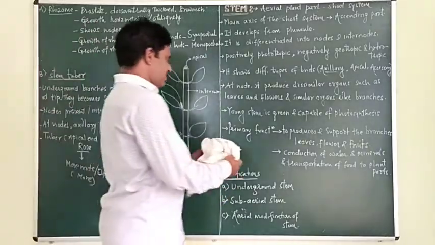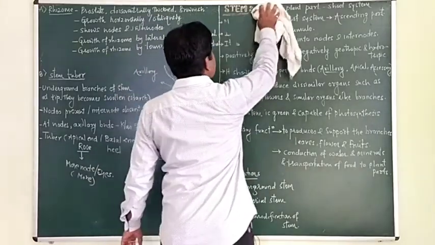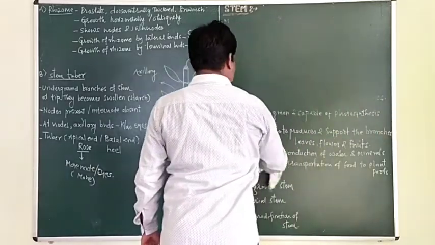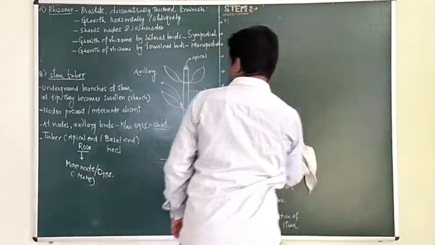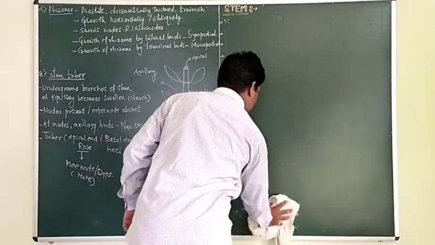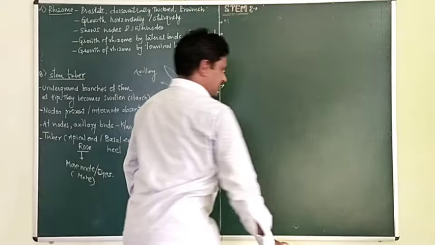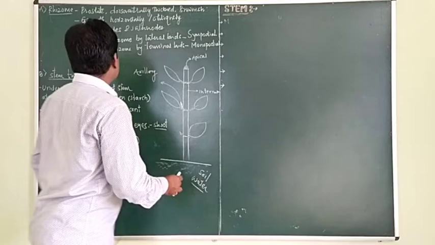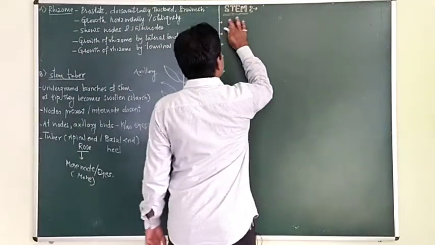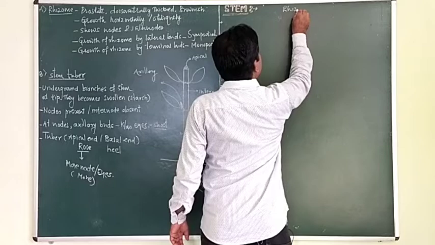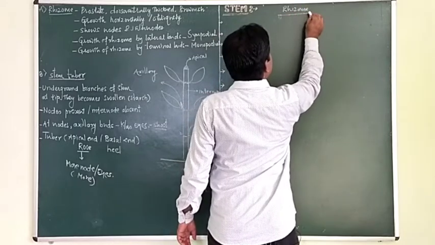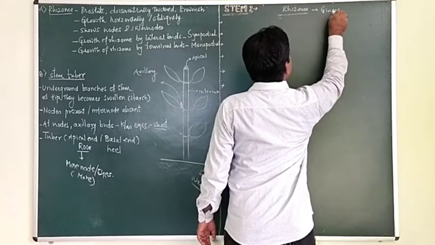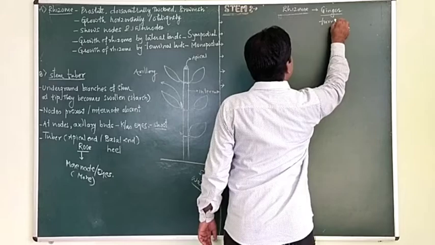Now the first underground modification is the rhizome. Examples of rhizome: the first example is ginger, and the second example is turmeric.